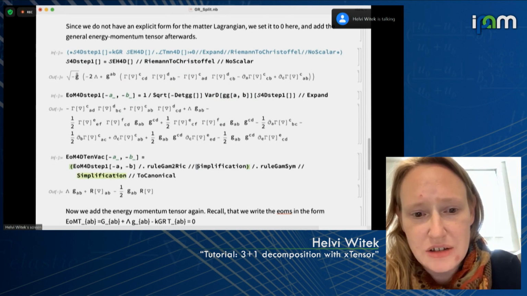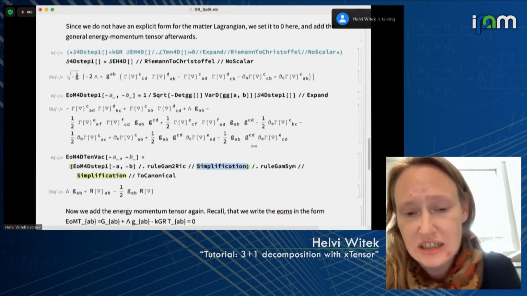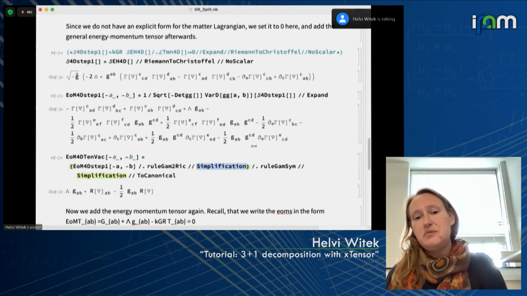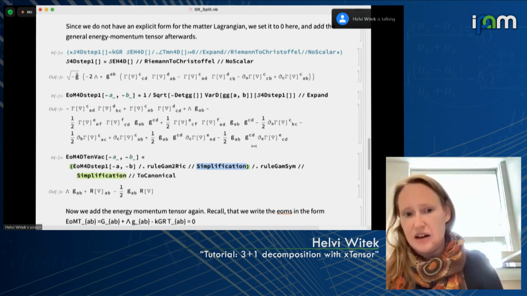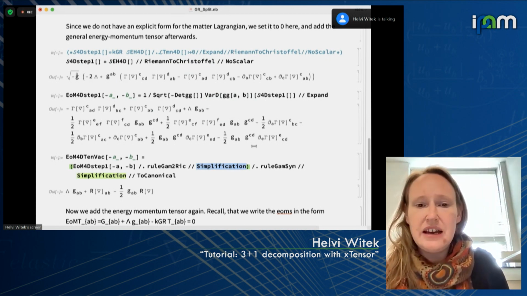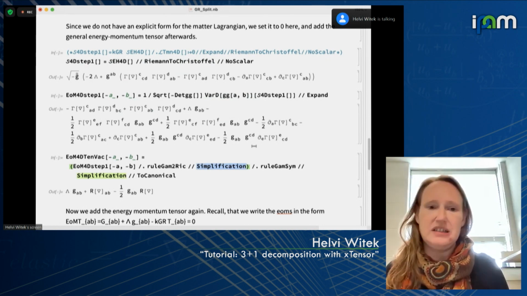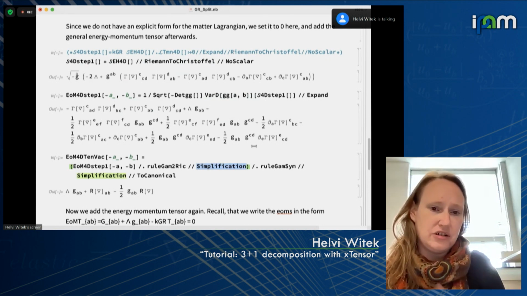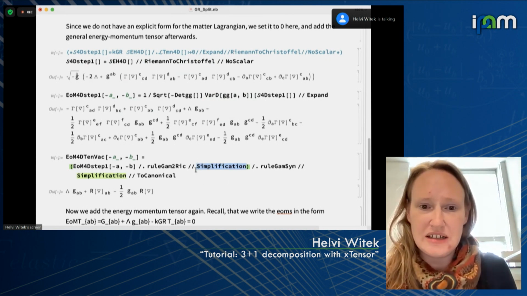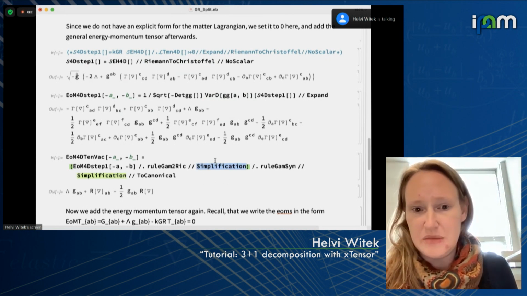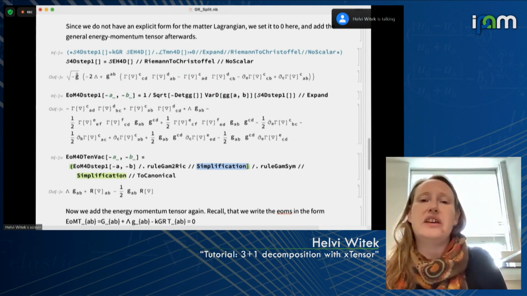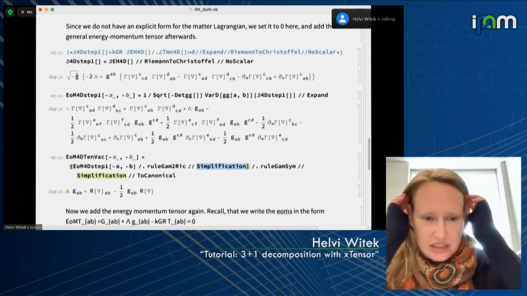I'm simplifying, and in xTensor or xAct, if you apply this command simplification, it actually knows about how to simplify tensors and how to canonicalize these tensors. And that's why I'm defining every quantity that I'm interested in, either as a tensor or as a constant, because then I can use this really nice simplification command, which is much more powerful than the simple simplify that you have in Mathematica.